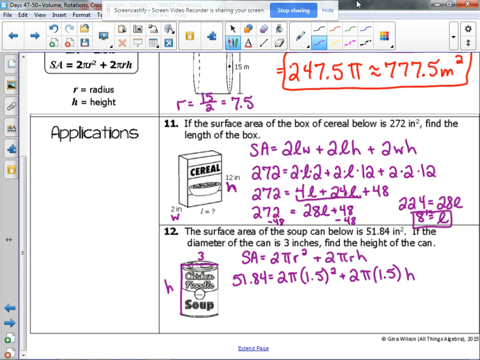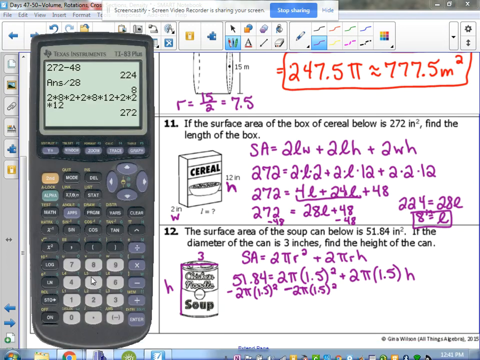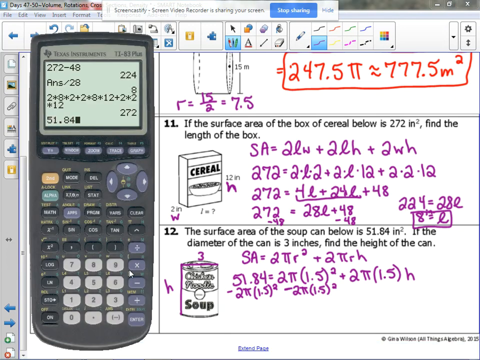So we are going to subtract this 2 pi times 1.5 squared. I'm just not going to write it down. I'm just going to show the work there and then do it in my calculator. 51.84 minus parentheses 2 pi times 1.5 squared.